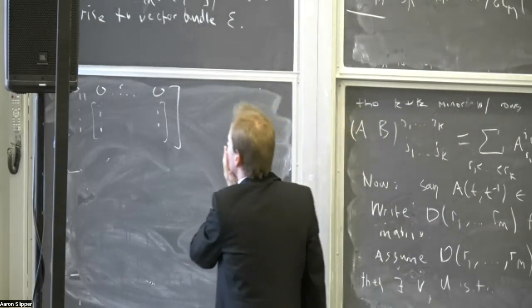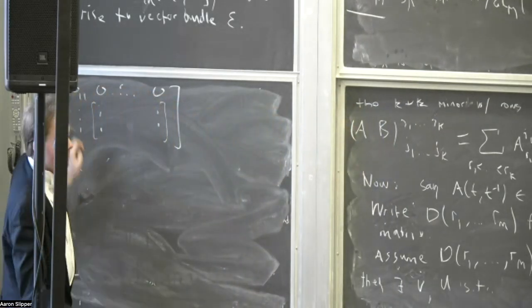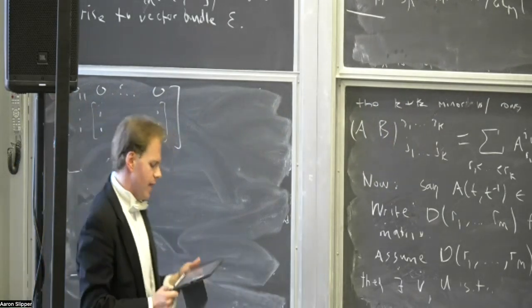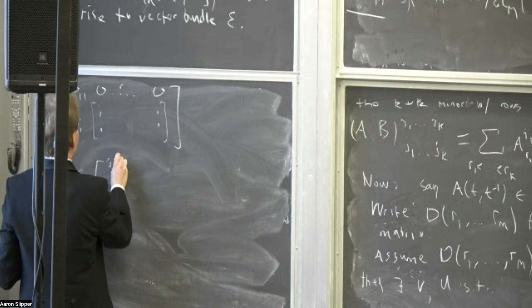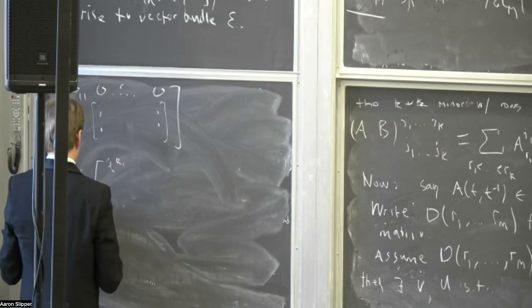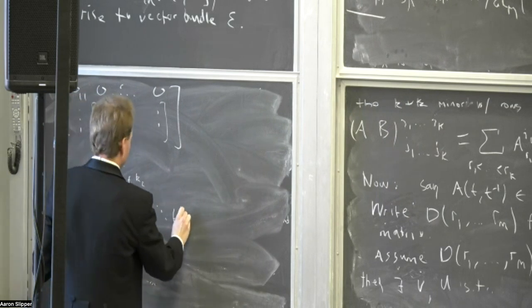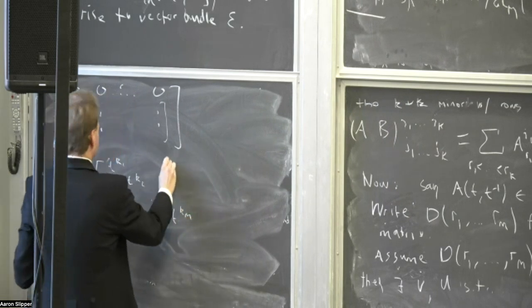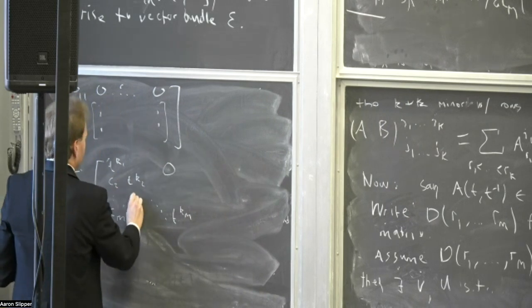And so if B11 divides this, it itself must be a power of t. So we're going to write this as t to the k1, and then we have t to the k2, dot dot dot, down to t to the km. Then this is all 0 up here, and then this is going to be c2 up to cm, and there are zeros in here.